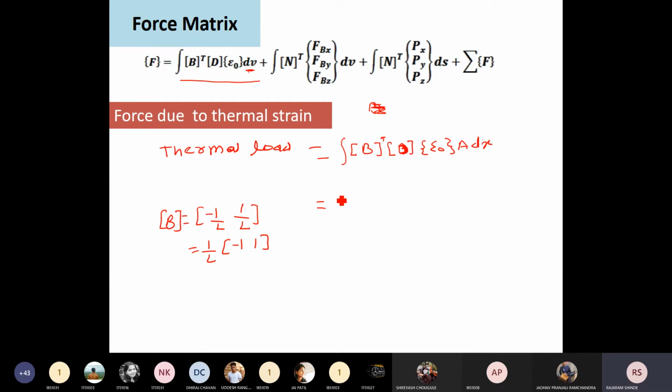Now you will get integration of 1 by L. Here we need the B transpose, so minus 1 and 1 is here because we need to calculate the transpose. Now next is the D term. D I have already told you is the modulus of elasticity. So this is your E.